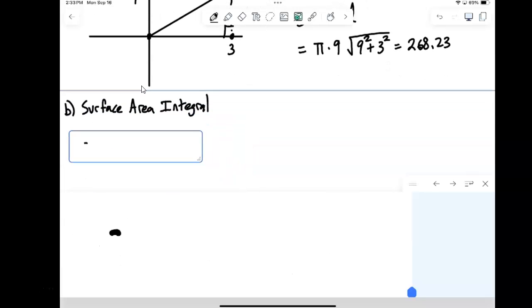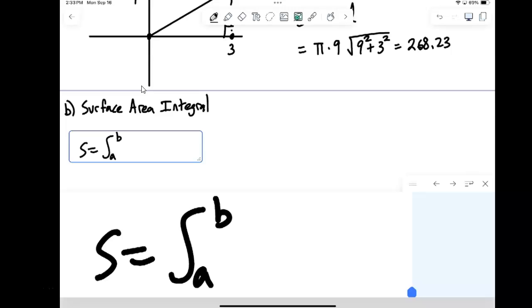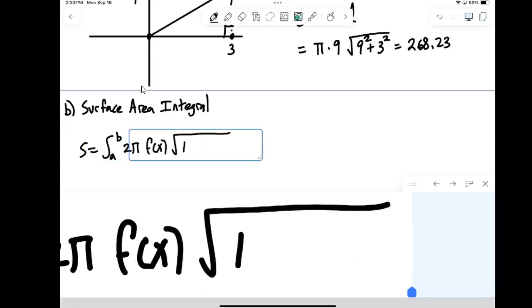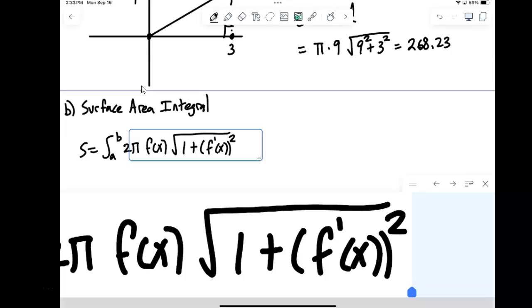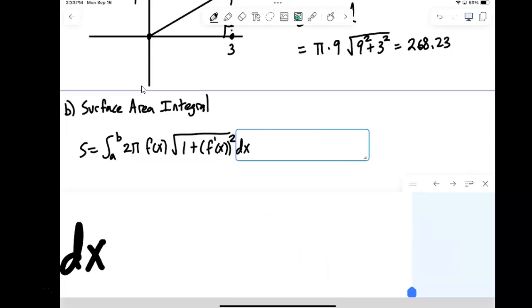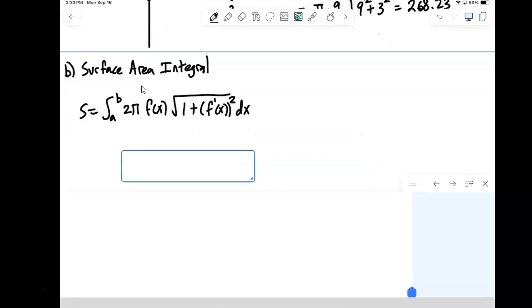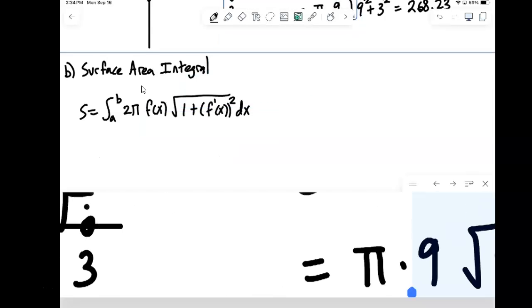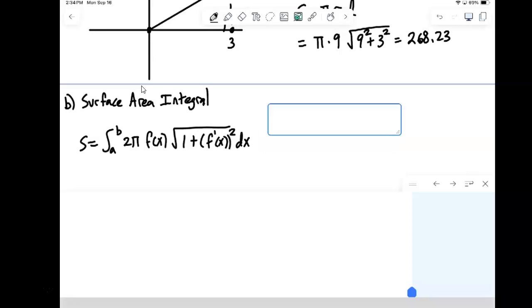So remember that says the surface area is the integral from a to b of 2 pi times the function times the arc length dx. Okay, and so let's do that now. Our function was y equals 3x.